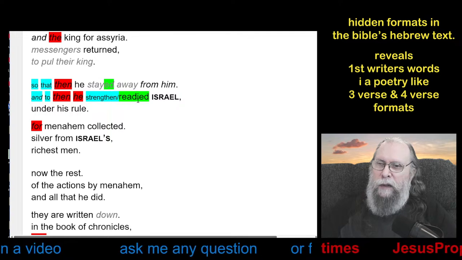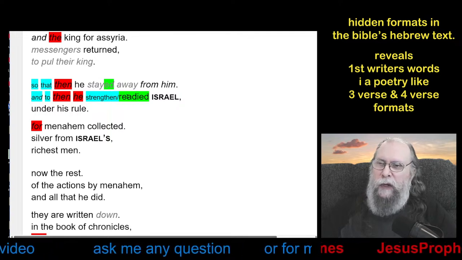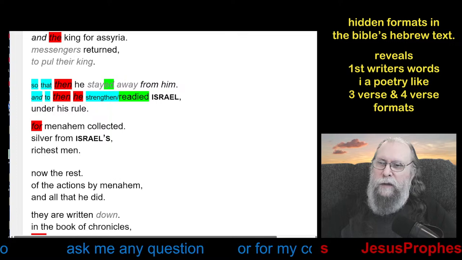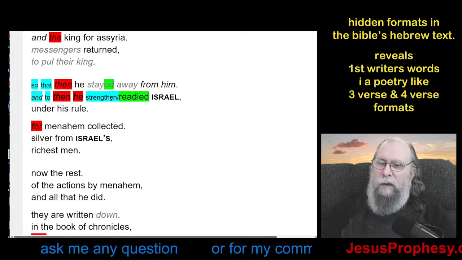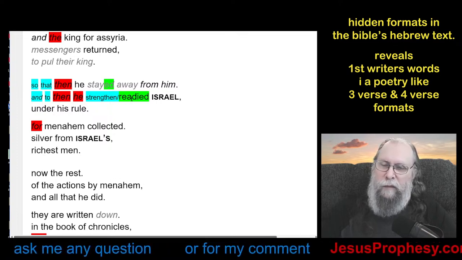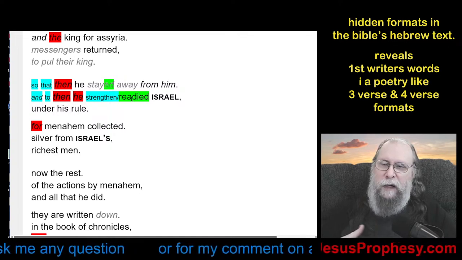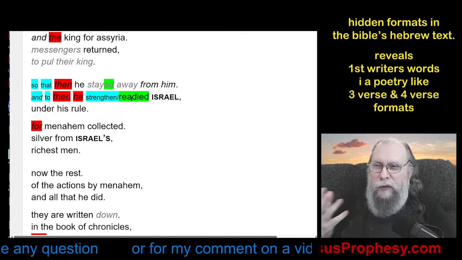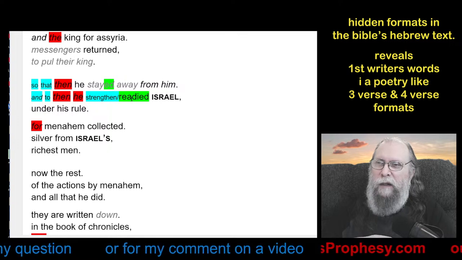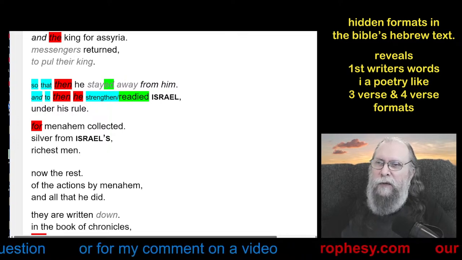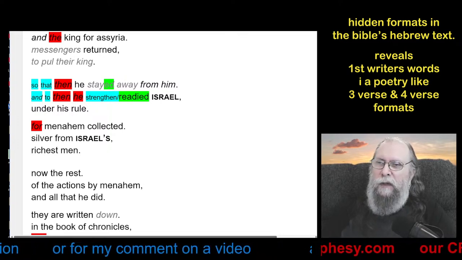This is strengthened. They readied their troops, or readied their people. So this is a better word than he strengthened. He readied them. It could mean that he started building up weapons. I'm not really sure of the story, what's going on here. Yeah, the king for Assyria's messengers return.